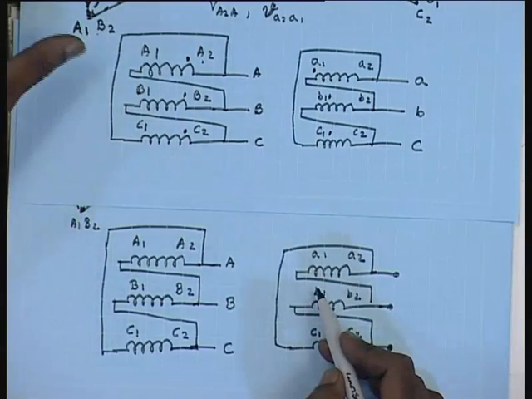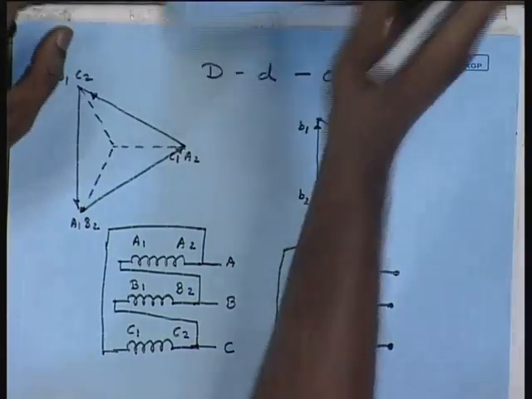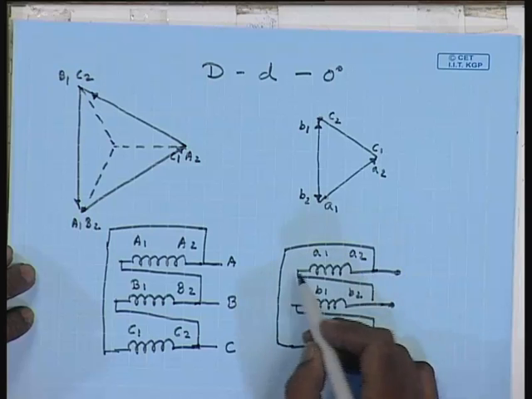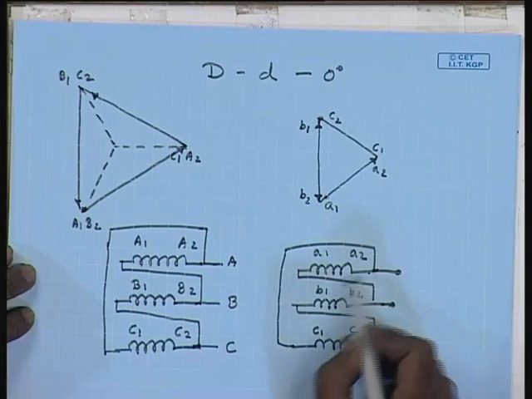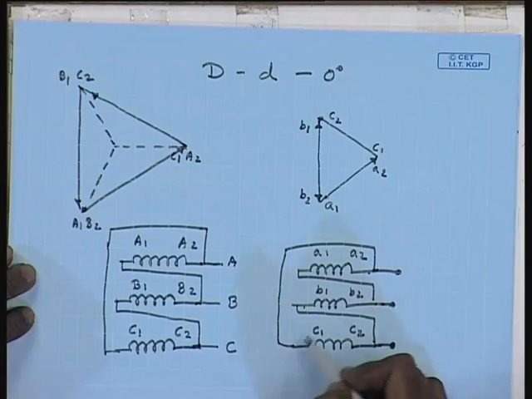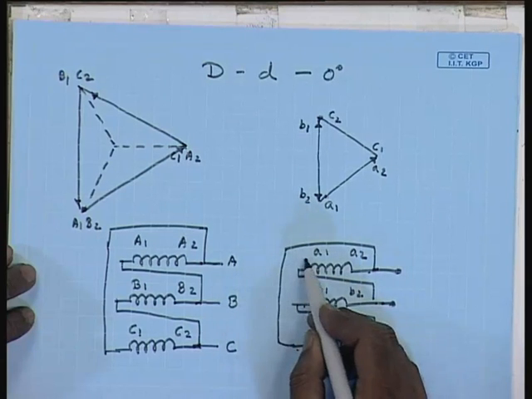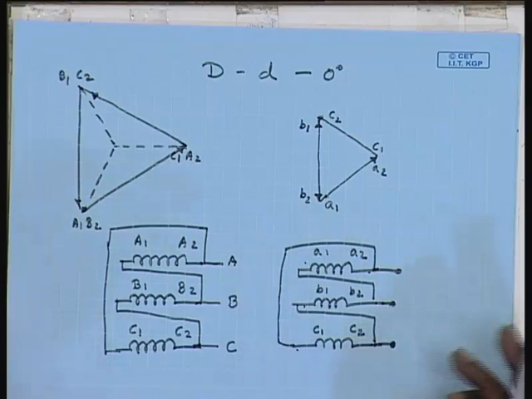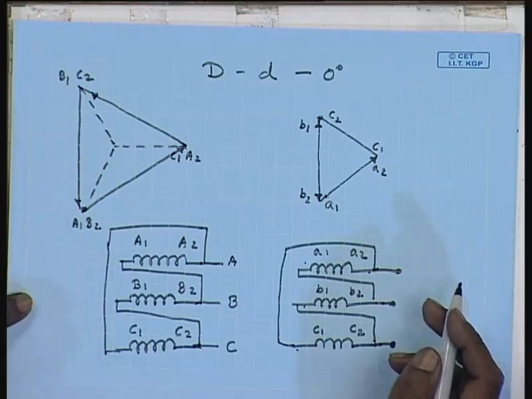So, if this has to be reconnected into DD6, these connections are to be reversed. In other words, A2 has to be connected to B1, B2 has to be connected to C1 and C2 has to be connected to A1, and the supply is given to A1, B1, C1. That will give a connection of DD6.